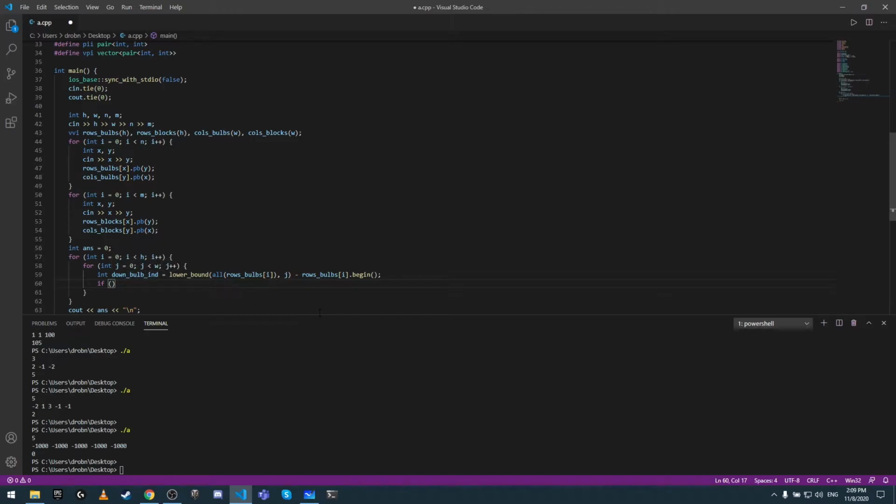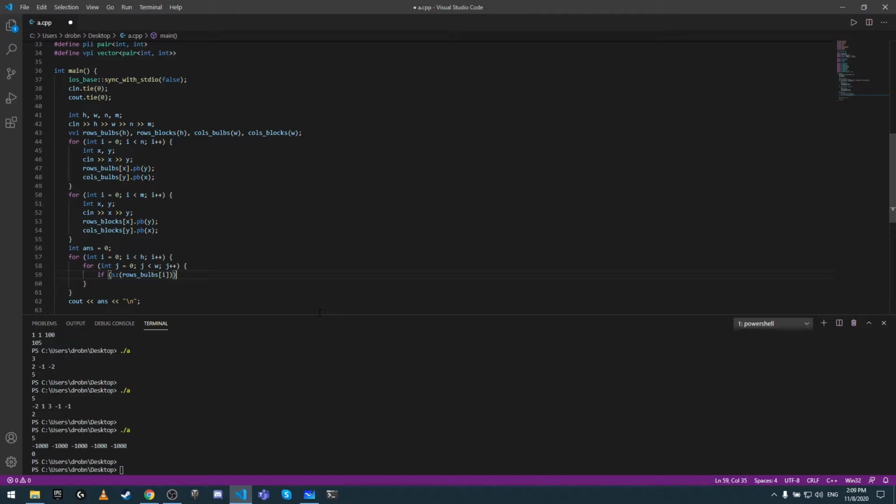So if size of rows bulbs I, no, I think we should do this.